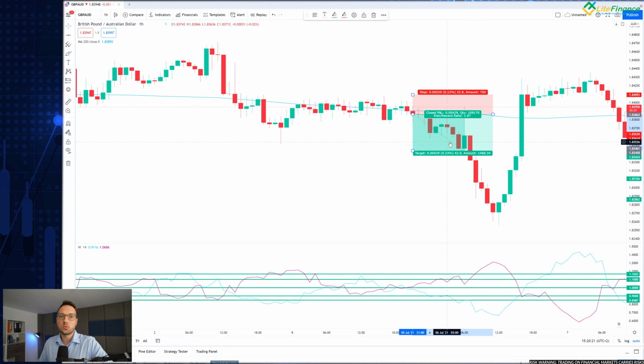And in this situation, we are not using those zones. So as I most often suggest, use a 3-to-1 risk reward ratio. So if we have 23 pips stop loss, therefore we should use 69 pips target.